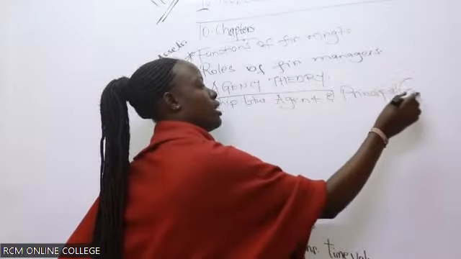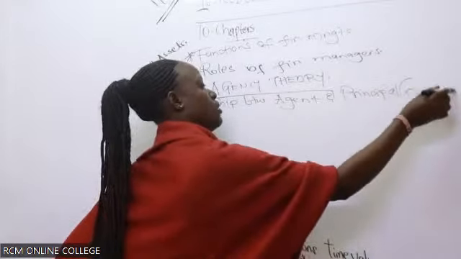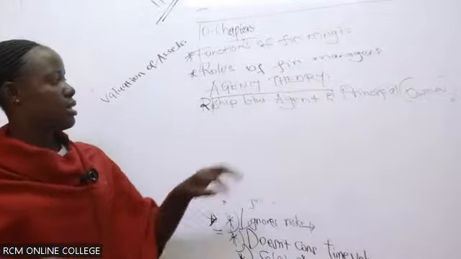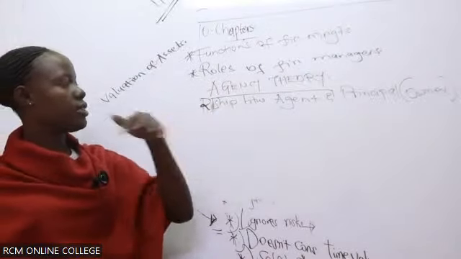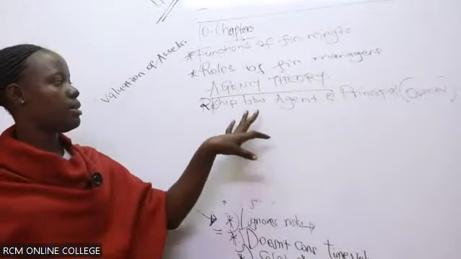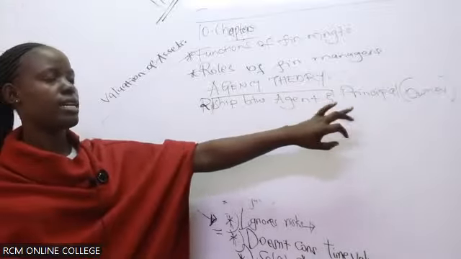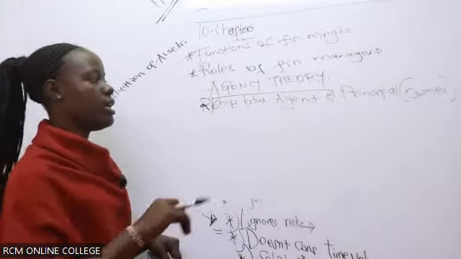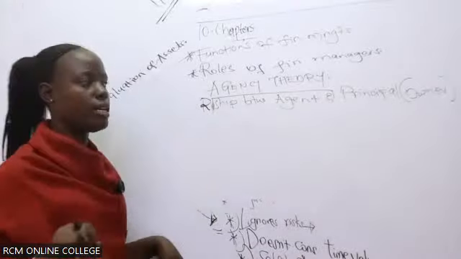This is the owner. Here you look at the relationship between an agent and the principal, and that's why it's called the principal-agent relationship.